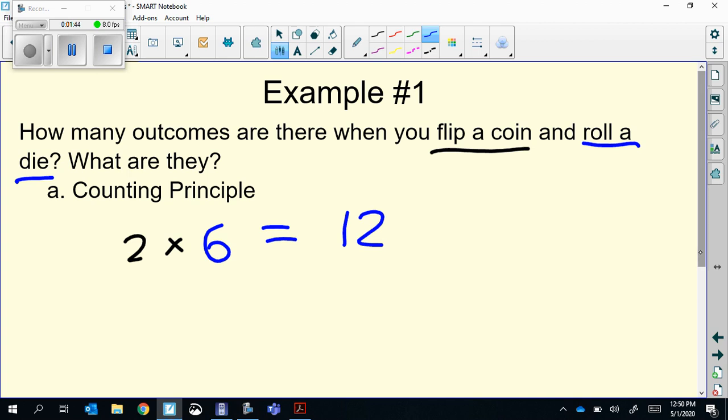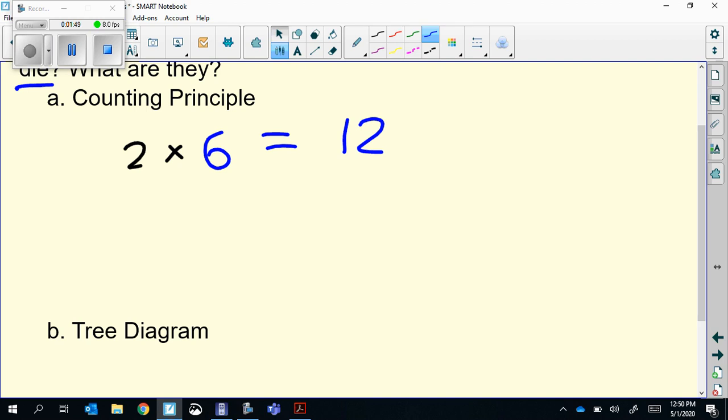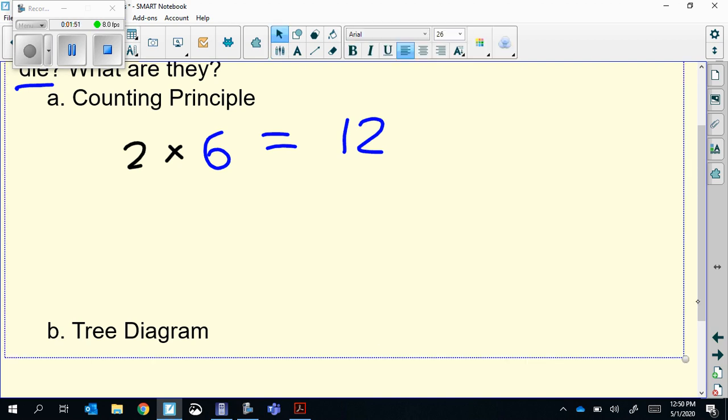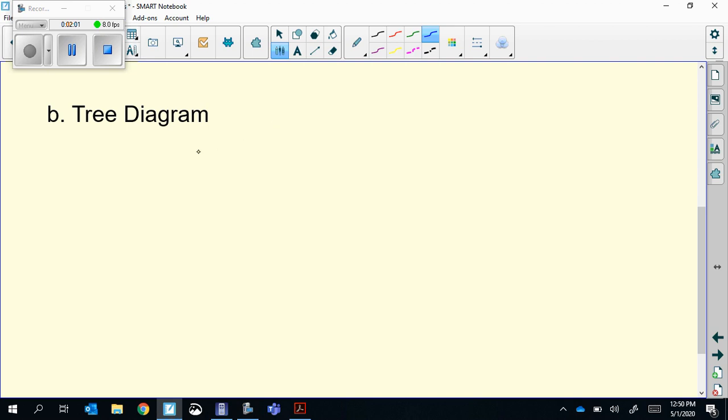And then what are they? That's asking a little bit more specific. We can use a tree diagram to help with that. So for our tree diagram, the first thing we're looking at is on the coin you can get heads or tails, and then after you get heads, we said there are 6 things that can happen on that die that you rolled.